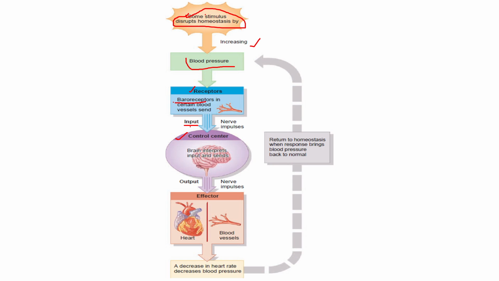to reduce the blood pressure, suppose this is the blood vessel, blood is moving in the blood vessel, right? The blood is exerting a pressure on the walls of the blood vessel. So as the blood pressure increases, more pressure is applied on the walls of the blood vessel.